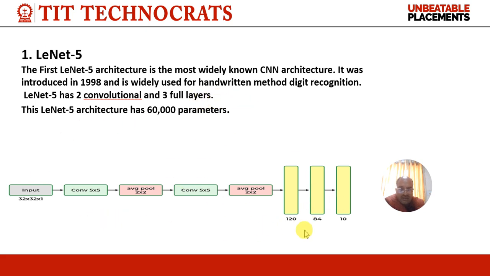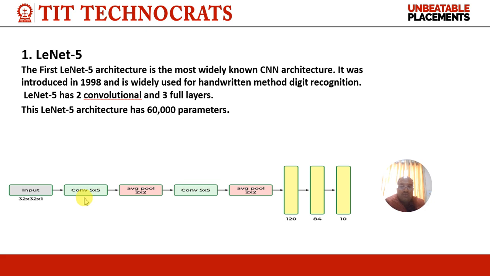You can see in the diagram here, the input is an image. These are black and white images. So the input size is 32 x 32 x 1. The one shows this is a black and white image, because here only one channel can be used as input.